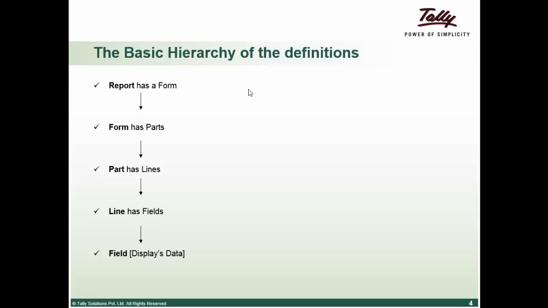Let me repeat this once again. A report has a form in a display mode and can have multiple forms in print and export mode. A form further contains vertical parts. A part can further contain parts or lines.